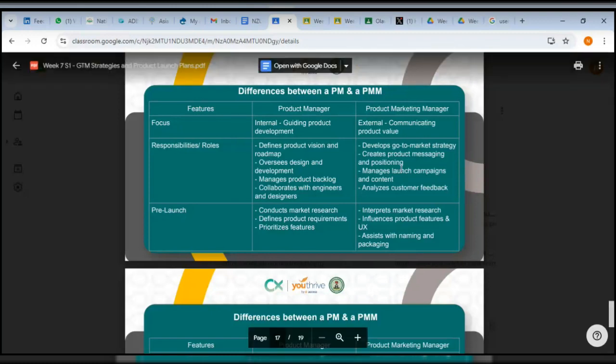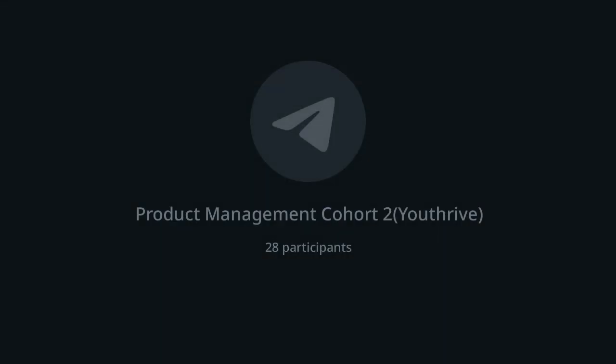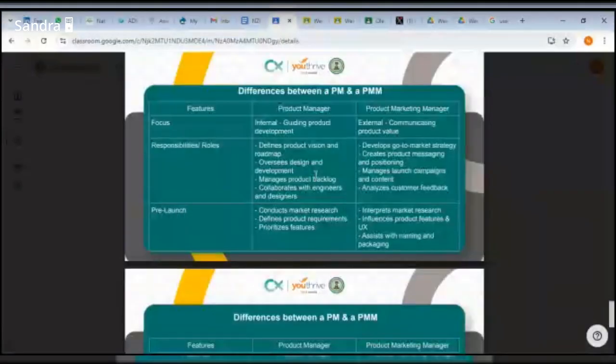In the pre-launch, a product manager conducts market research and defines product requirements and prioritizes features. So it's the responsibility of a product manager to prioritize features and choose which one holds more priority than the rest.